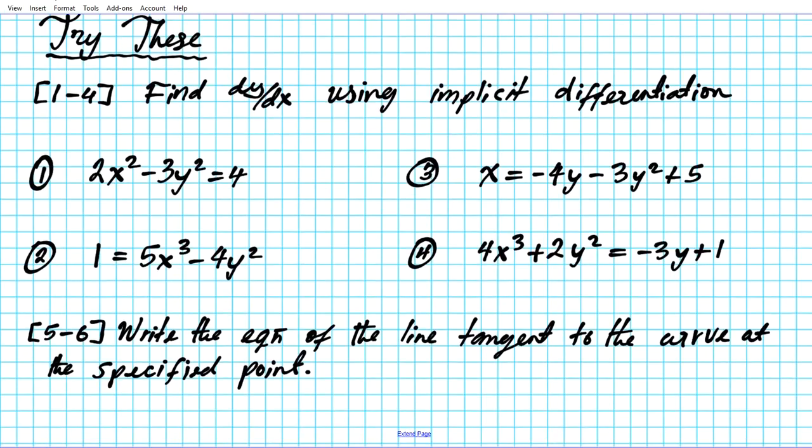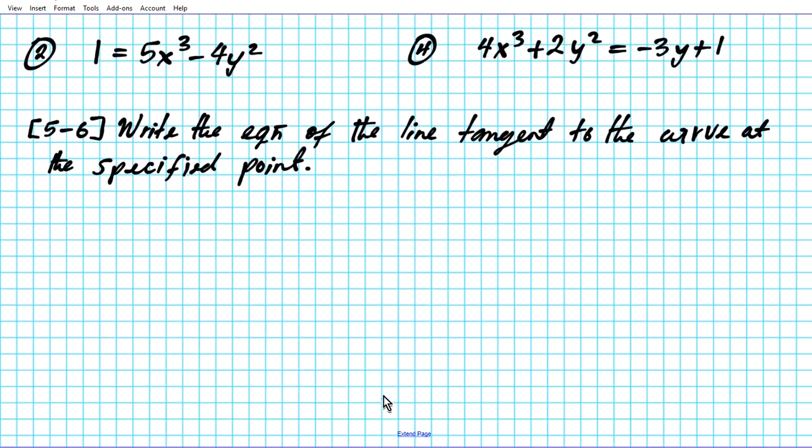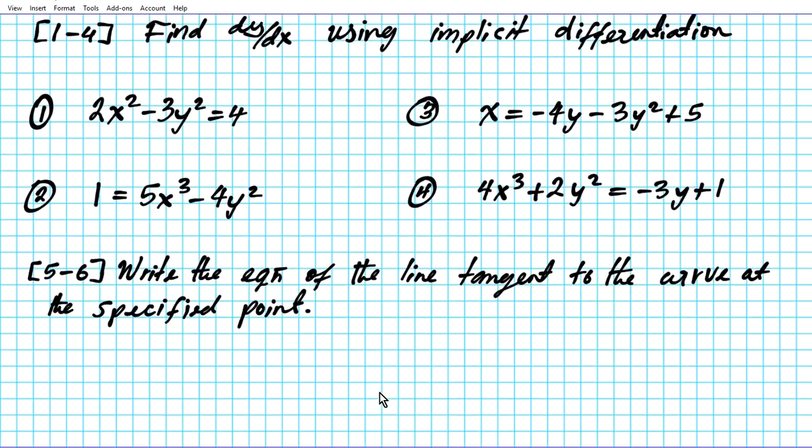All right, so for 5, let's say you have the equation 2x plus 2y squared equals negative 3y plus 3 at 2, negative 1.